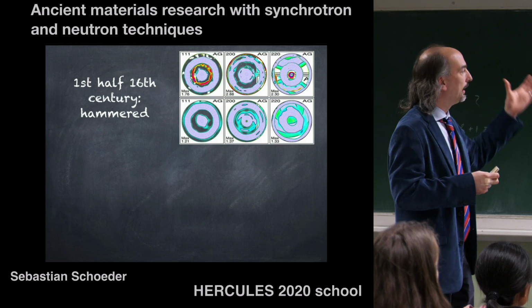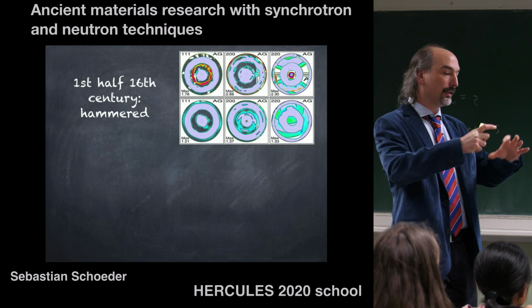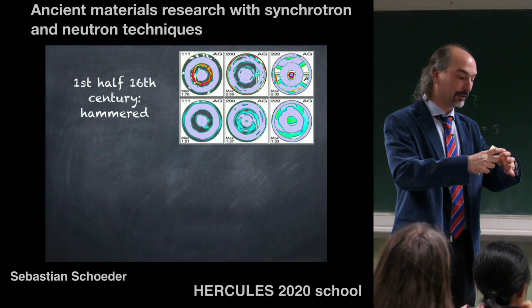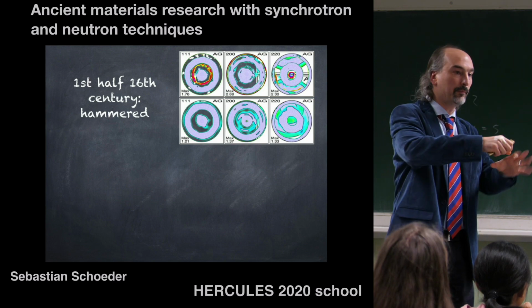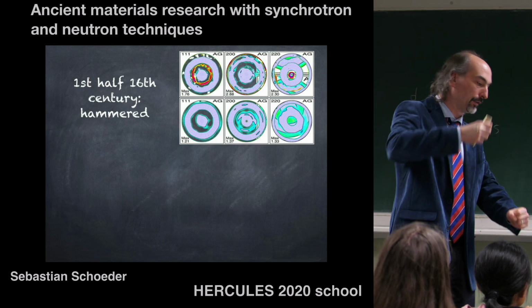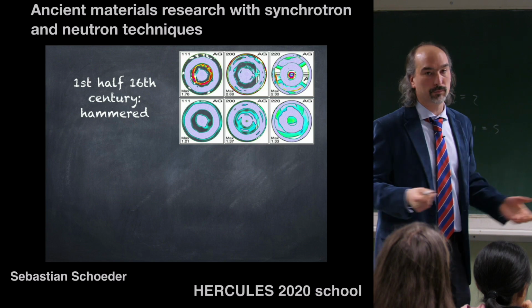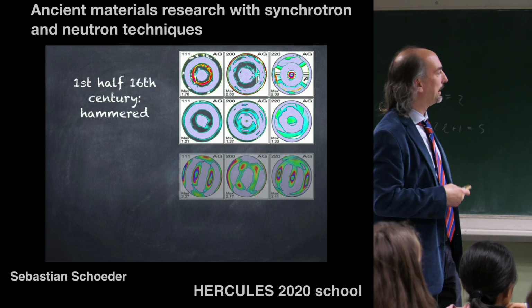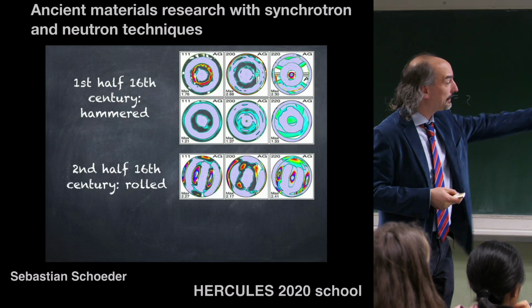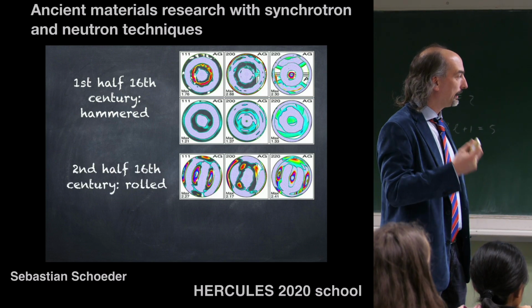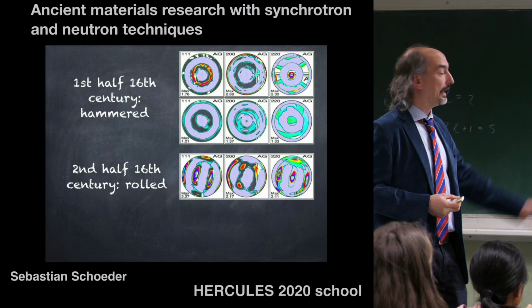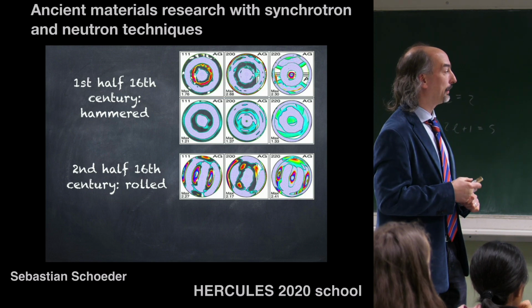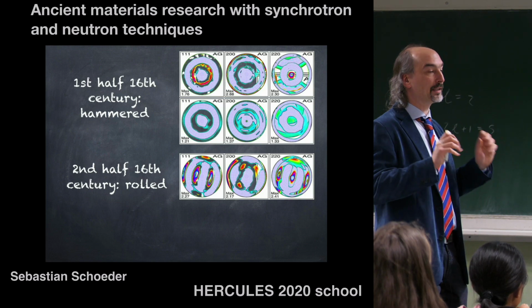So it means in the early 16th century, they used a substrate, the silver cylinder, and then they put a stamp on top, and they hammered the stamp into the coin to produce the image. Now if we look at coins from the later part of the 16th century, we see that the texture patterns look completely different. And these are now the typical texture patterns of an object that has been rolled.